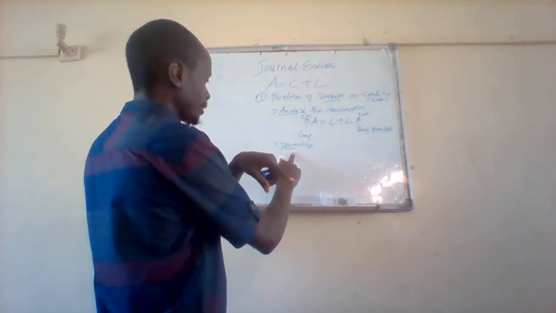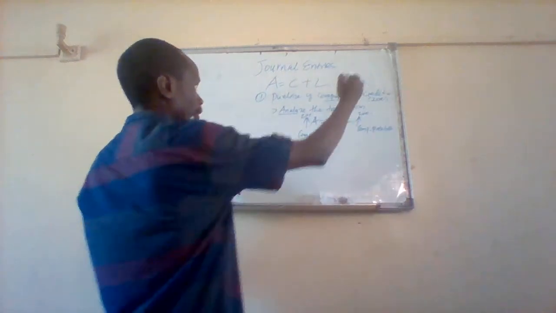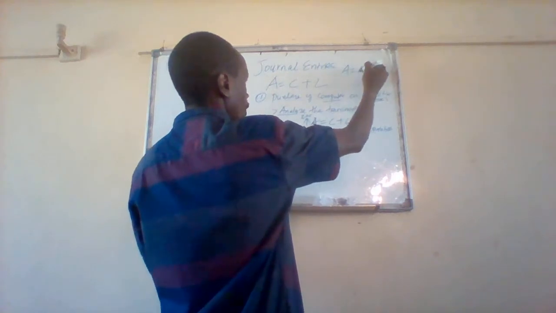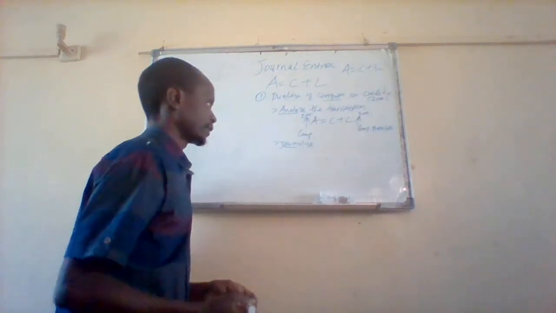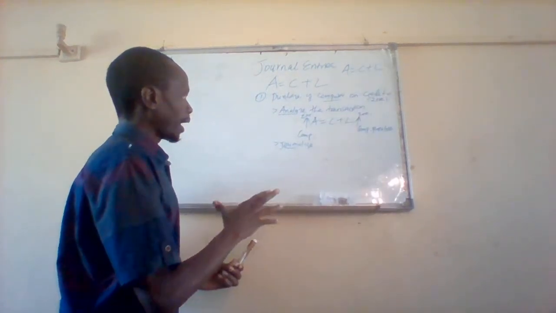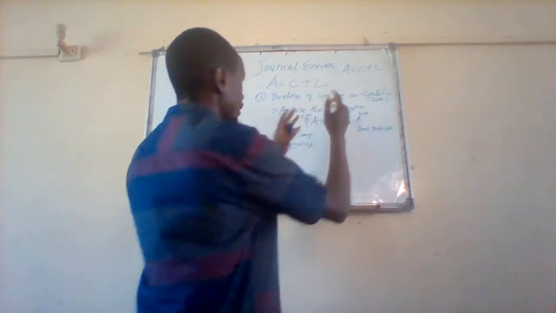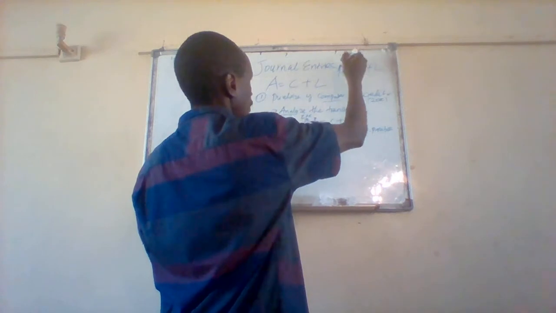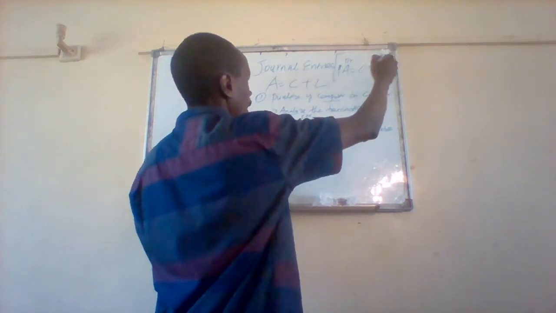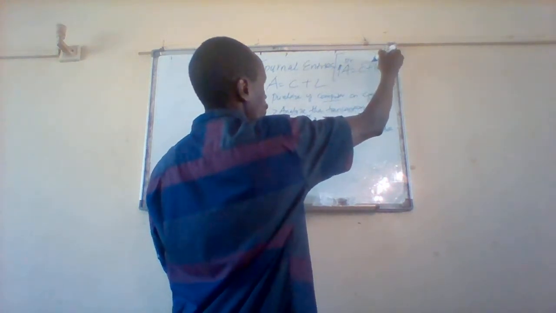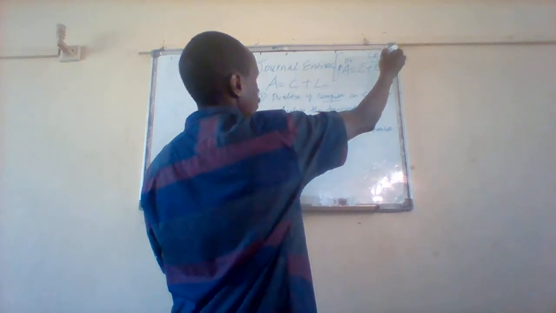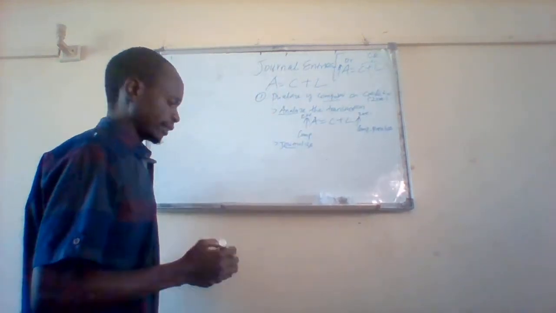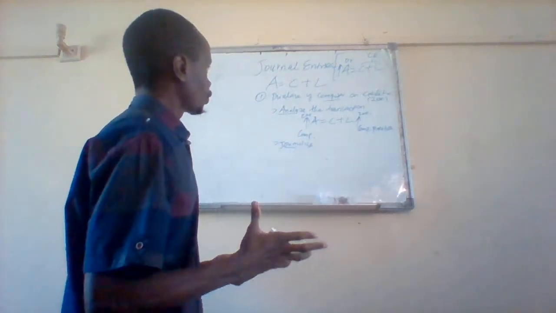If we're to generalize, we go back to our matrix, which is asset is equal to capital plus liability. Now we realize that this works out like this: when asset increases, we debit, and when this side increases, we credit. Now let us see what we will do here.